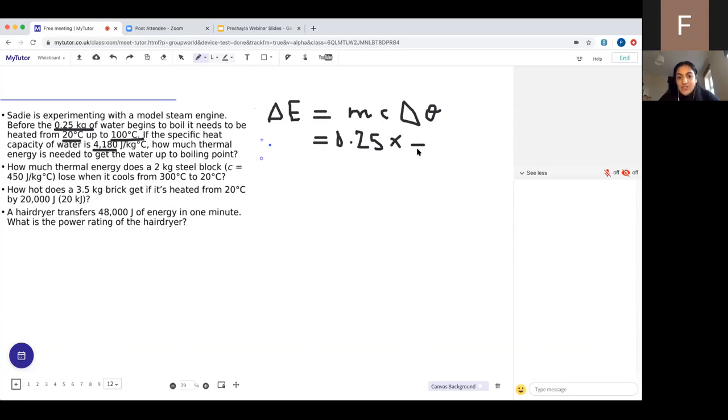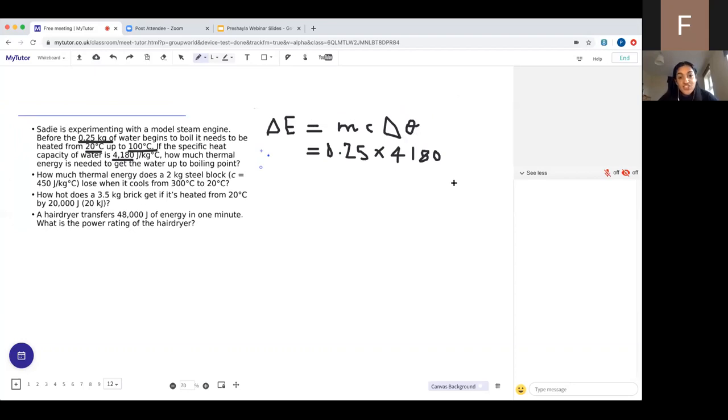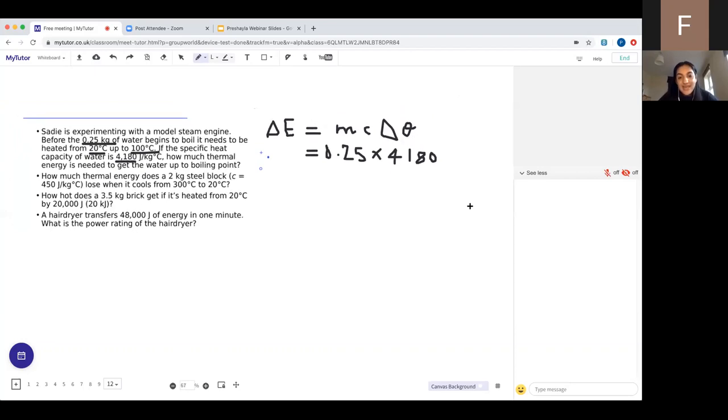And then we need to do the change in temperature. Well, this is not so clear, but with a simple subtraction, we can work it out. It goes from its initial temperature of 20 degrees to its final temperature of 100 degrees, which is a change of 80 degrees. So our delta theta, our change in temperature, is 80.